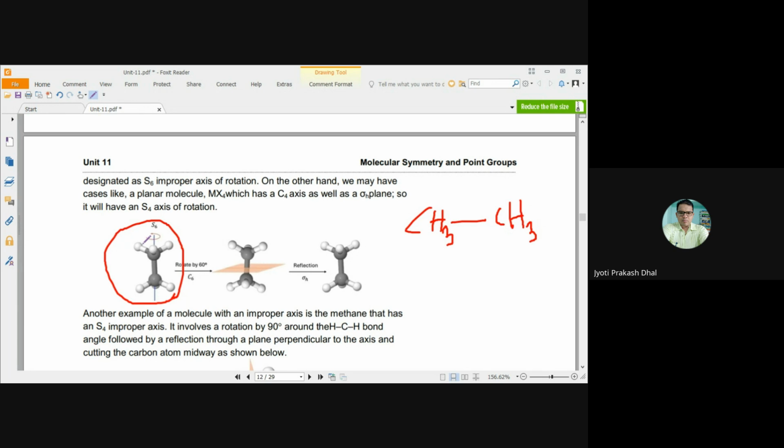So this is the staggered configuration of ethane. In the staggered configuration you see, this is one hydrogen, this is the second hydrogen, and this is the third hydrogen. One CH3 group is here, and another CH3 group is here.